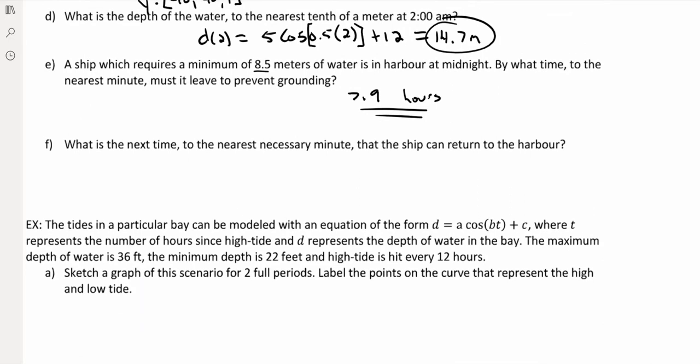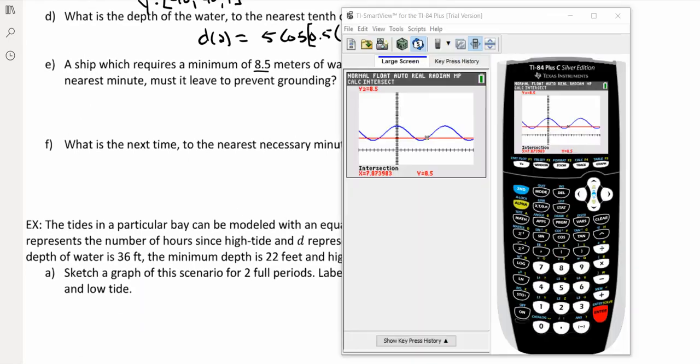Okay, what is the next time to the nearest minute that the ship can return to the harbor? So again, if we're looking at our graph here, if it leaves, it's left the harbor, time's going by. It doesn't want to come back any time over here, right? It actually wants to come back into the next phase there. So let's go back over here again, and we'll increase our window setting.